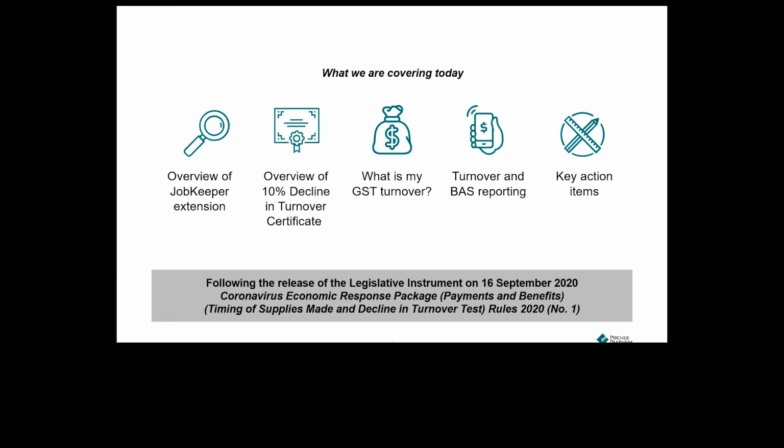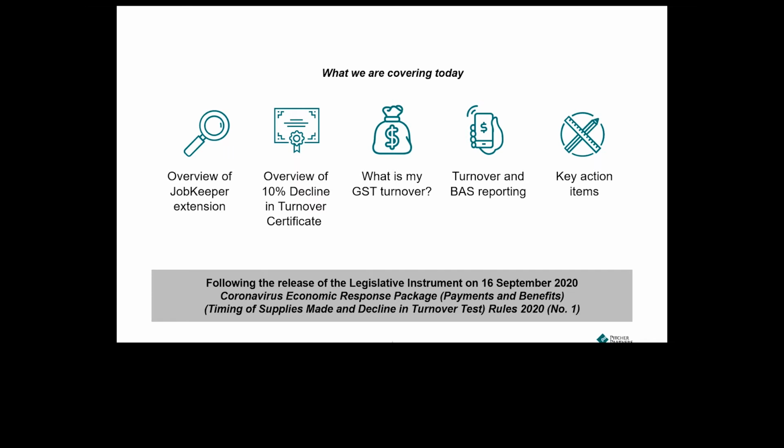Following on from that, we'll move into calculating GST turnover and decline in turnover for the purposes of both JobKeeper 2.0 and the 10% decline in turnover certificates. Then we'll look at turnover in terms of what that means in relation to your business activity statement reporting and the BASs that are lodged. And finally, some key action items coming out of the presentation that you can take forward.